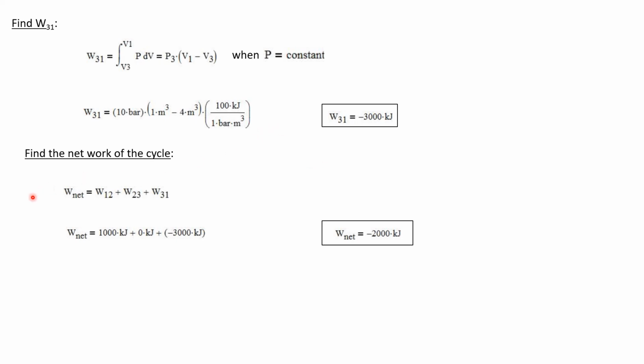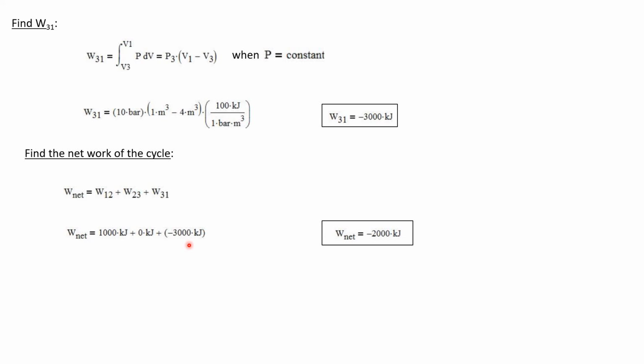And finally, we want to calculate the net work of the cycle. And that's just the sum of the work done by the system during all three of the processes. So it's W12 plus W23 plus W31. Well, we calculated in the very first process that 1,000 kilojoules of work was done by the system. But in the second process, the constant volume process, there was no work done.